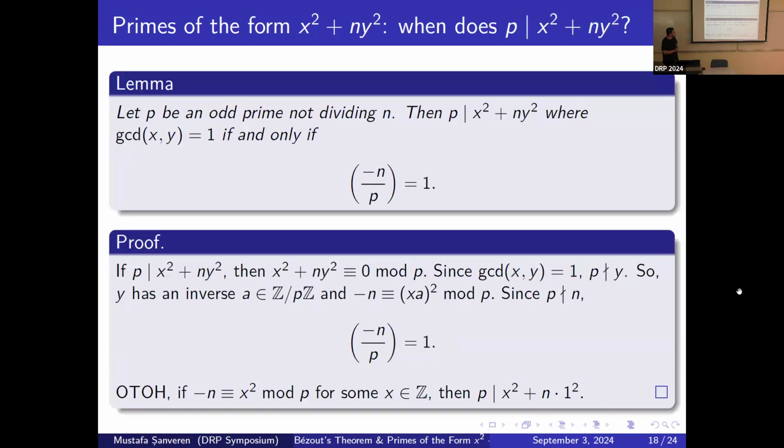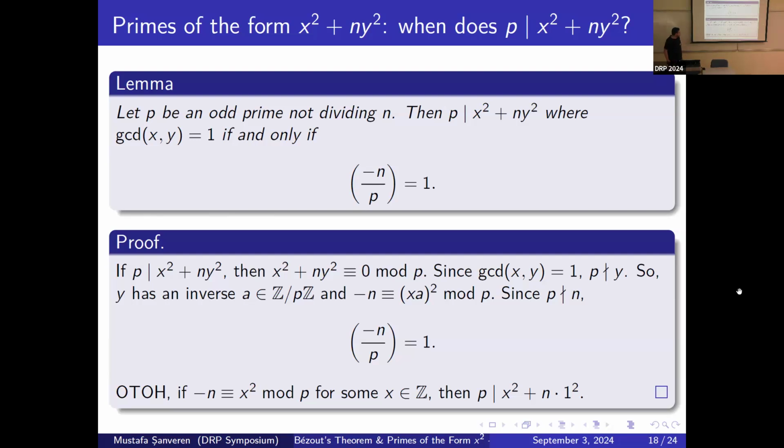And since we have this lemma: if we write p in the form x squared plus ny squared, this happens if and only if the Legendre symbol of negative n is equal to 1.